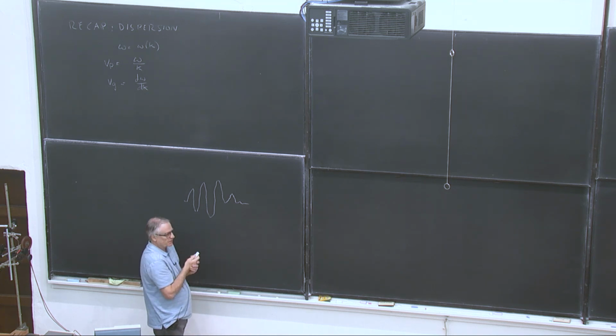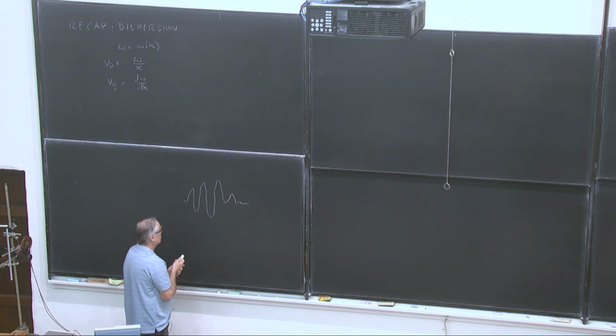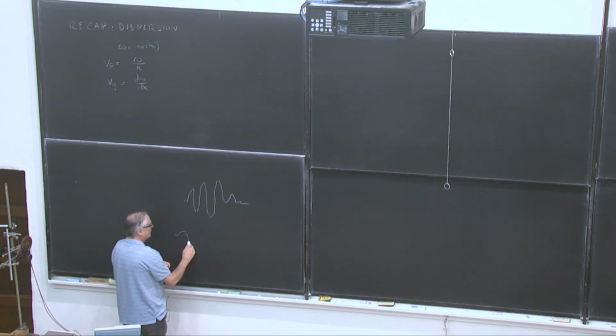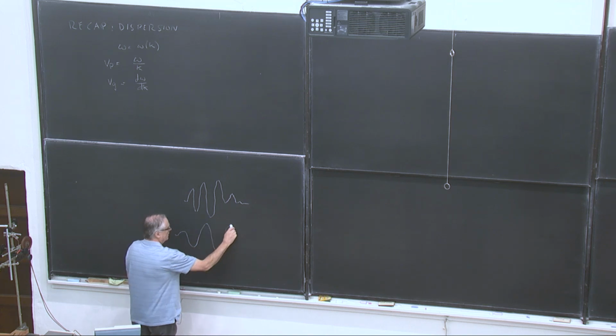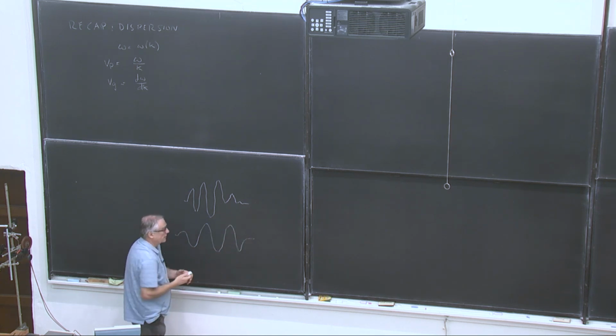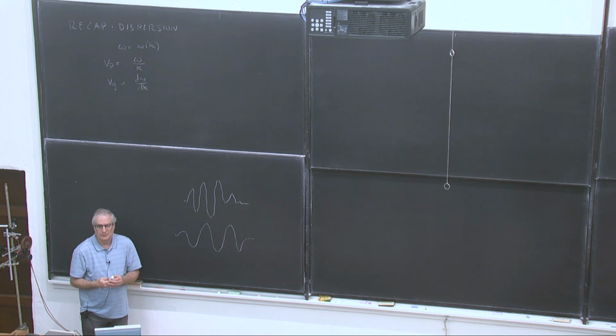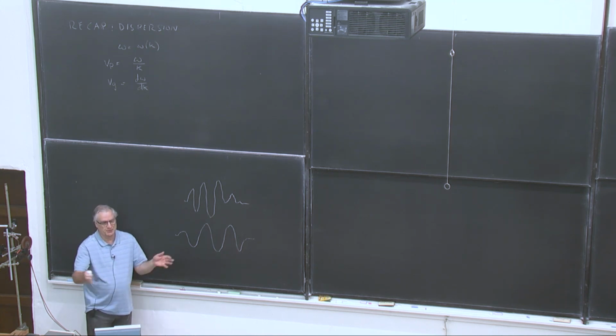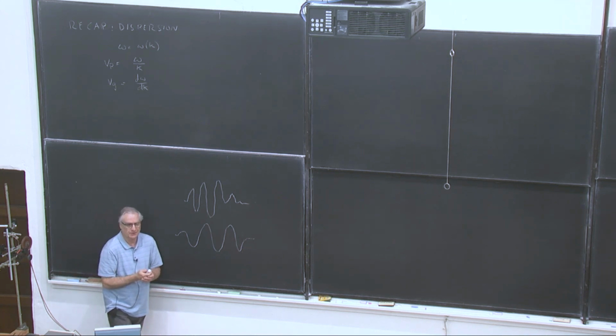And each frequency is propagating with a different velocity. And so the net effect of that tends to be that at some later time, it'll get more spread out. The wave will tend to disperse, if you like.